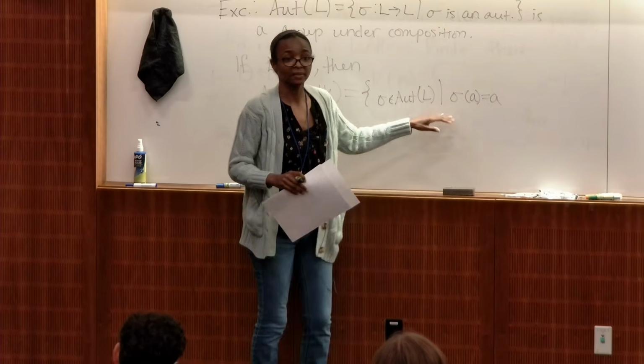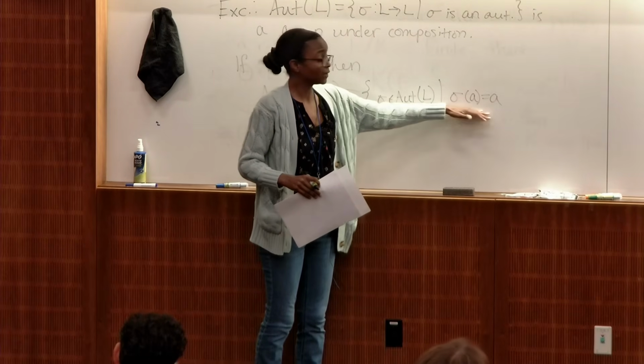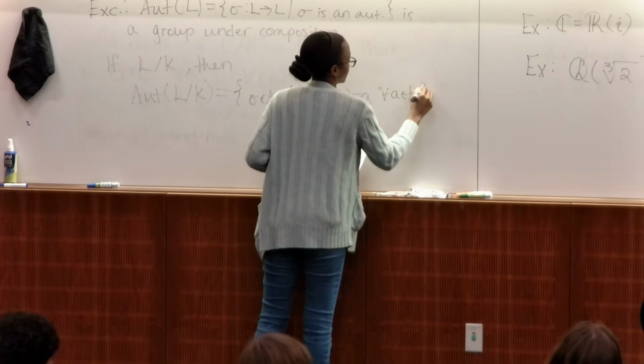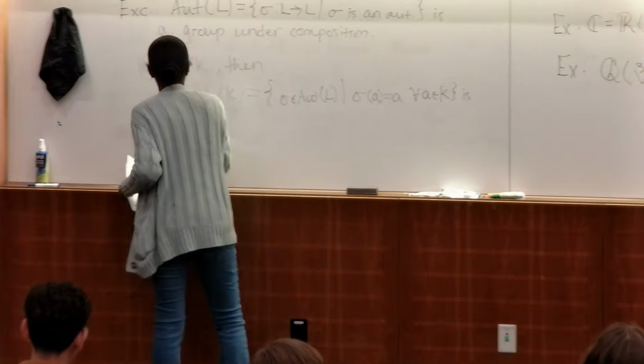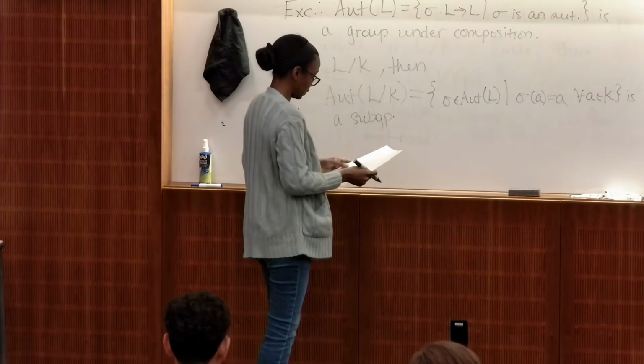So I'm not just saying that it sends K to itself. I'm saying that every single element of K is fixed by the automorphism. This is a subgroup. Okay.